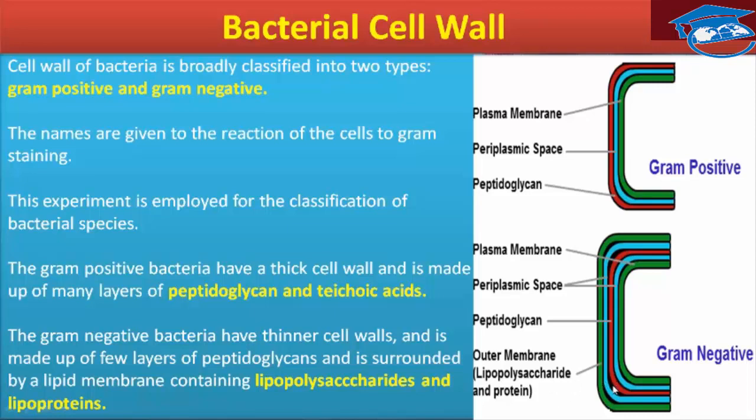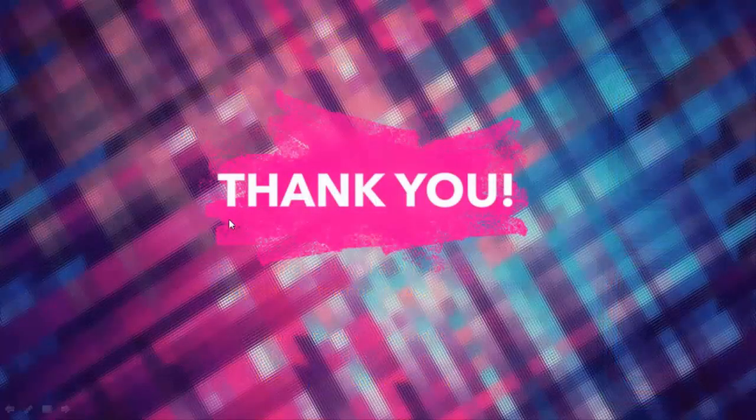Between the cell wall, represented by this red color, and the outer membrane, there is a space which we call the periplasmic space. So this was about the bacterial cell wall, and this was all about the cell wall.